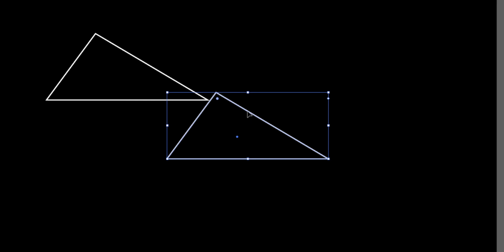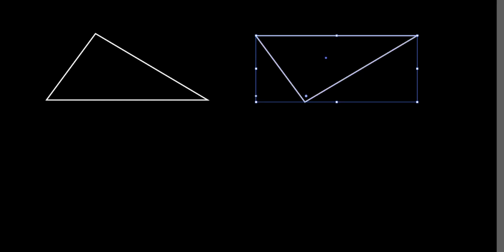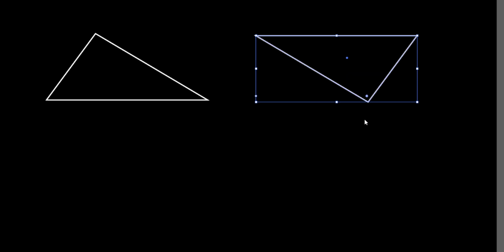All right, here's a triangle. Copy and paste. Now watch very carefully what I'm going to do with this. I'm going to flip it vertically. See what I did? And now I'm going to flip it horizontally as well. There we go.